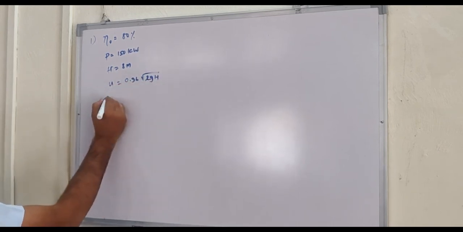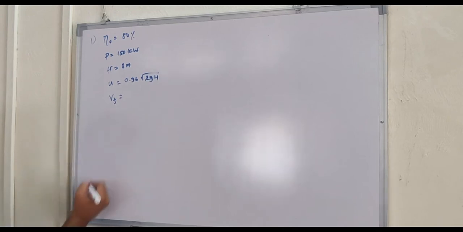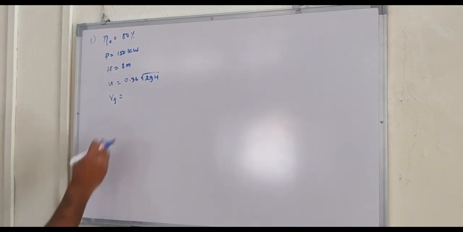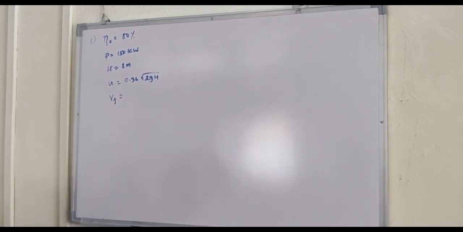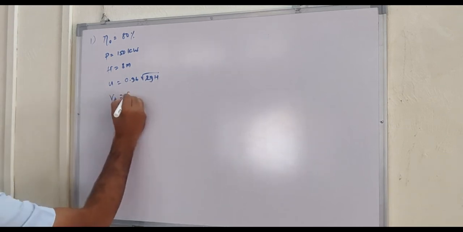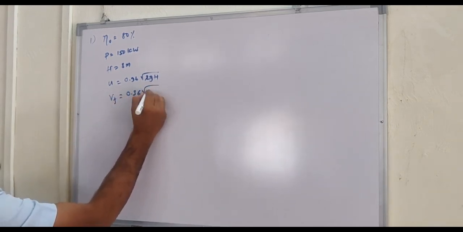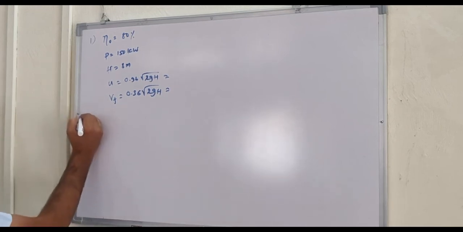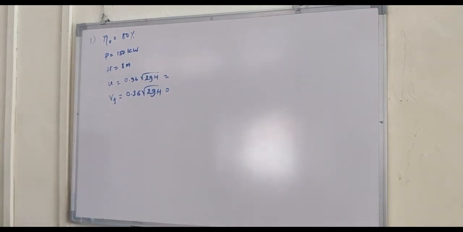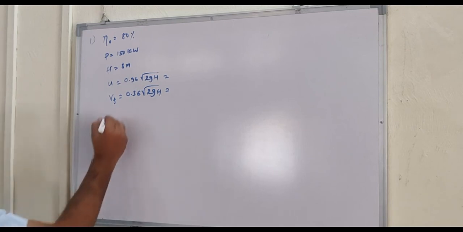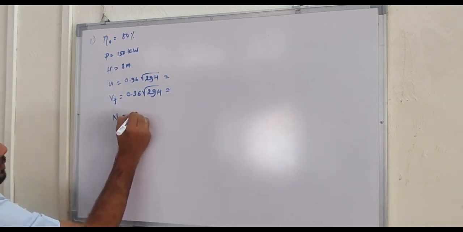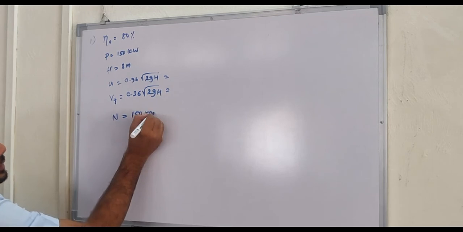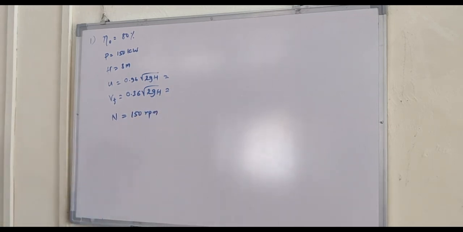You can calculate simultaneously and tell me the value of U and VF. VF is how much? 0.36 times root 2gh. So substitute the value of H in U and VF and tell me the numerical values of U and VF. After that we know the value of N. N is 150 rpm. The speed of the runner is 150 rpm.